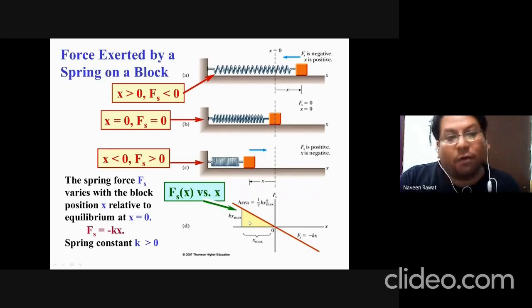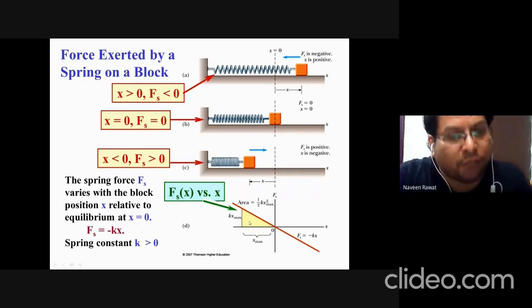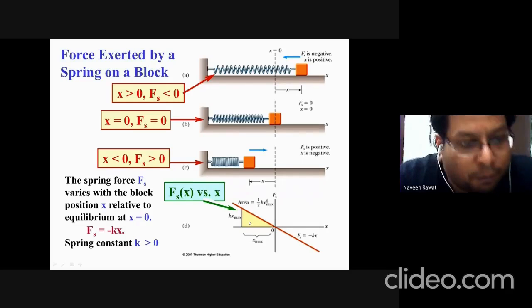However, in the case of a spring, there is no constant force, the force varies with the displacement. Okay, so in those cases you cannot use kinematics equations to solve the problem. Okay, and you will have to use your work energy theorem, or you will have to use your potential energy functions to solve the problems. Okay, so you always have to keep that in mind, that the force in the spring is not constant.